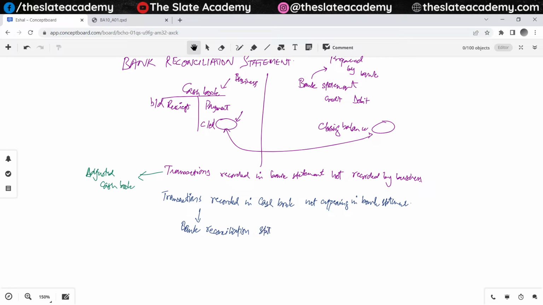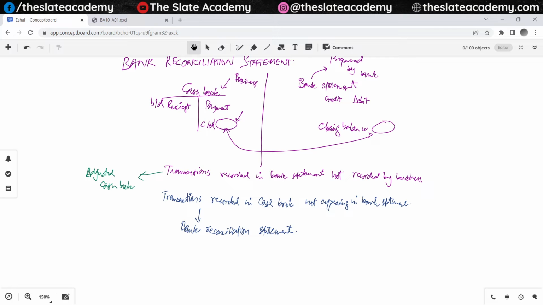Acha, another thing this tells us is that the first thing we would get to. Now, let's write down the steps for the preparation of bank statements. Once we receive the bank statement, I have the bank statement and I have the cash book.